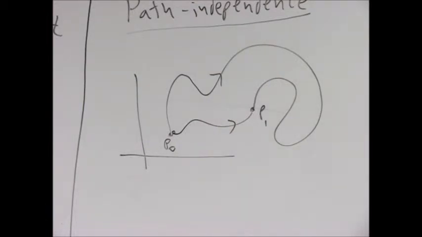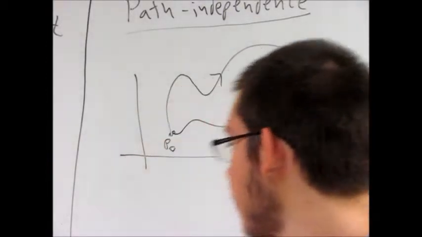And so, just as an example, let's do one where we do a couple of different paths and show that they are equivalent. And they are in fact equivalent to this.